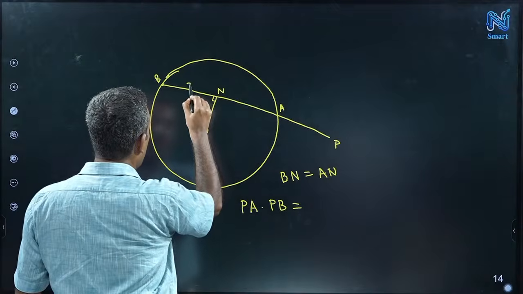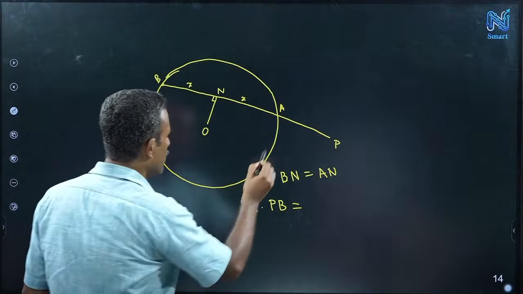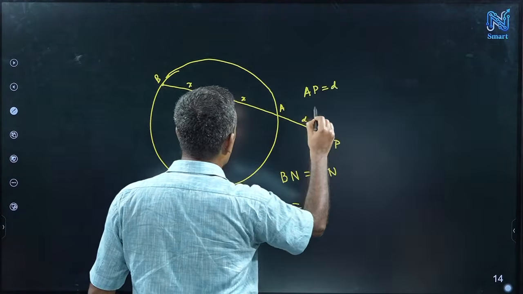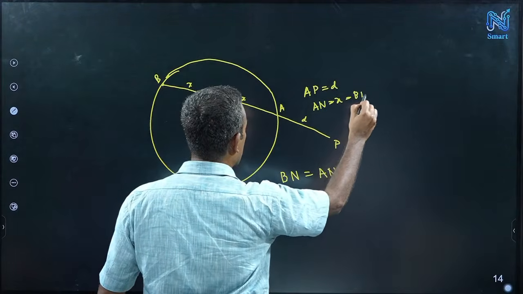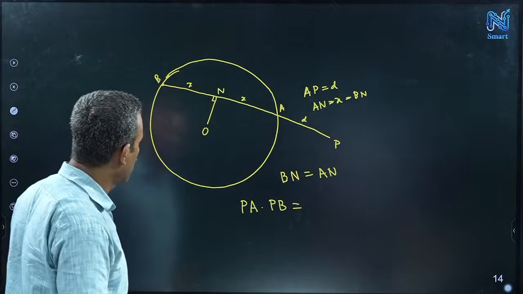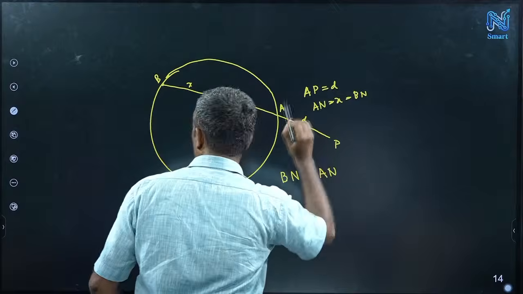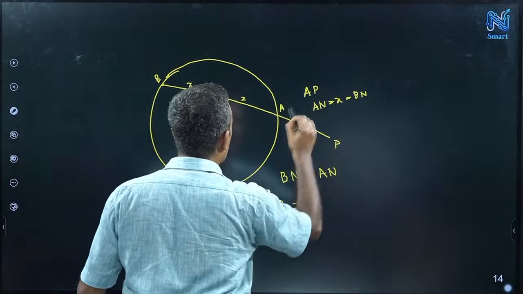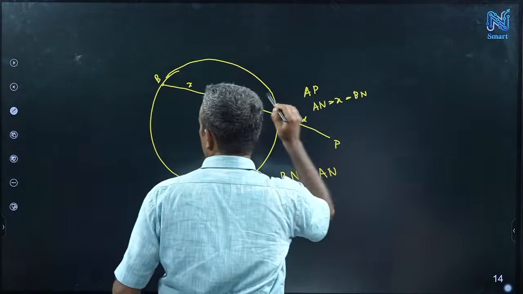Say this is called X, and PN is called D. AN is equal to X, equal to BN. Then what is PA?